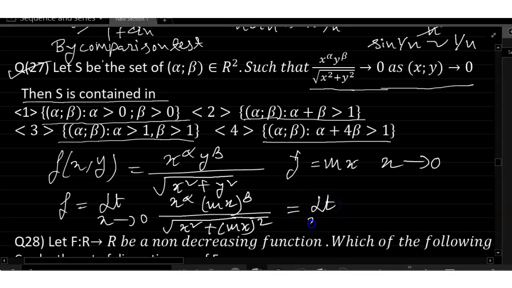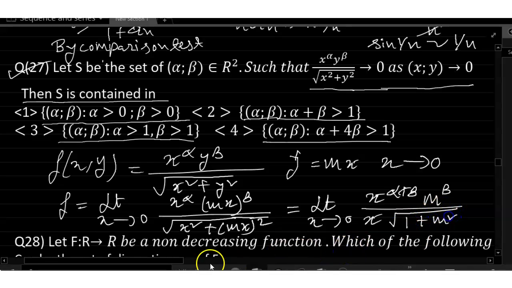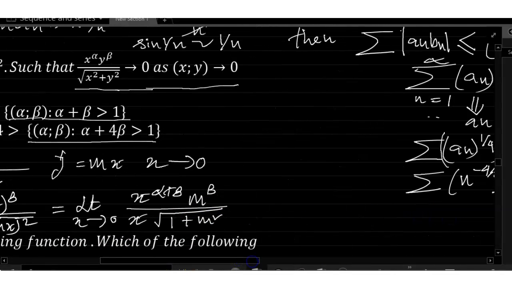Equals limit x tends to 0 of x to the power alpha plus beta, m to the power beta, over root of 1 plus m square, which tends to 0.